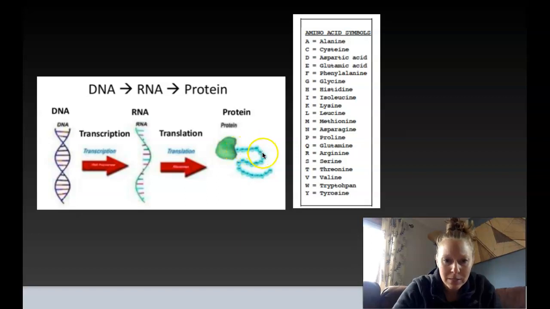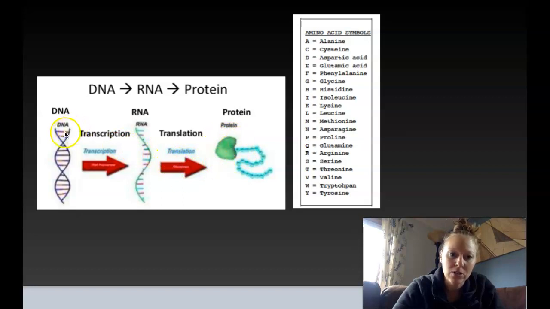Here we have a whole bunch of these amino acids. Let me read some off to you: alanine, cysteine, aspartic acid, glutamic acid, phenylalanine, etc. So if there is a change in how we make our DNA, if there's a mutation, or it's changed through sexual reproduction when genes interact and form new genes, then it's going to change the way that the protein is made.